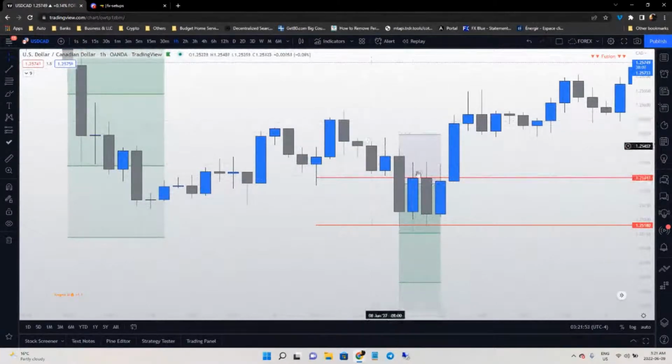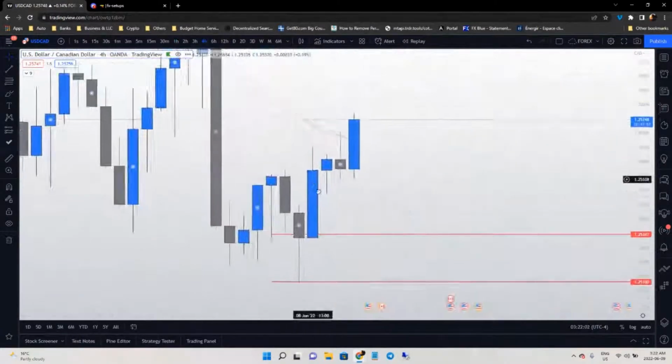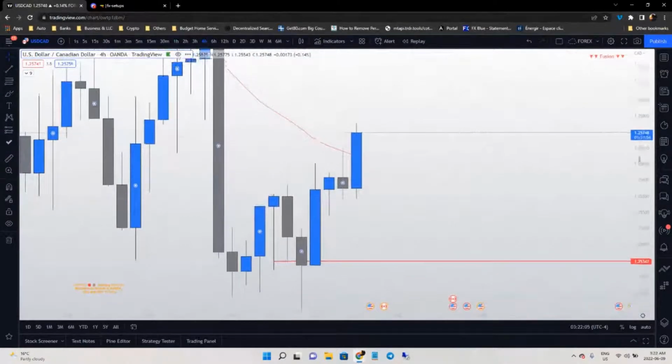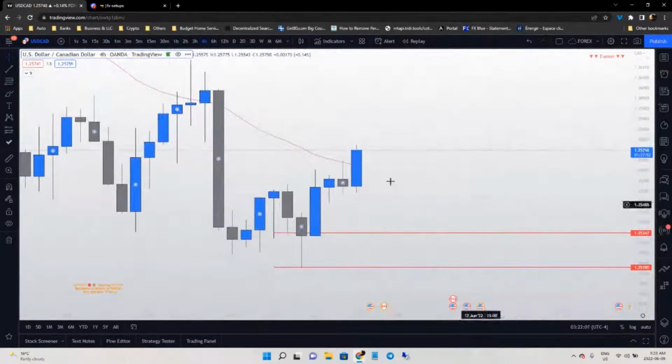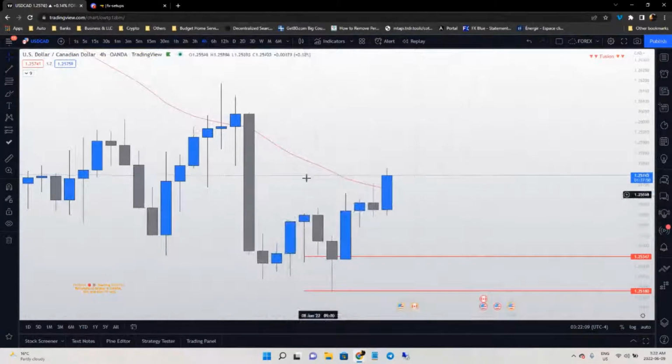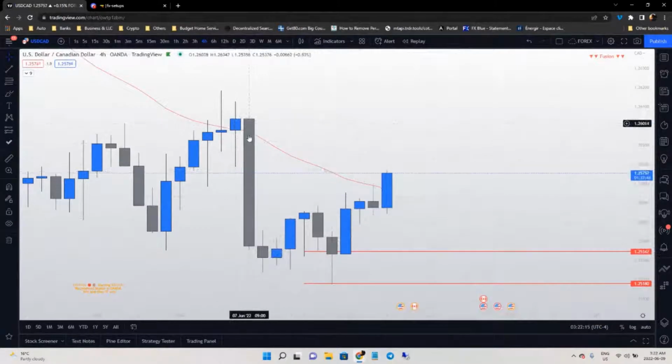The trend was down, and it still is a sell based on Fusion. The overall trend is a sell. If you look at the overall trend here on the top, it was going down, but now the market is shifting a little bit, and the reason why is this candle here.